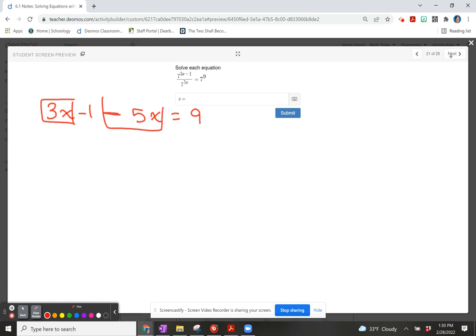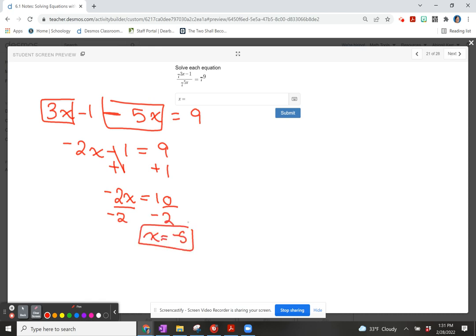We're going to combine like terms. We're going to have negative 2x minus 1 equals 9. Now, once we do that, we're going to add 1 on both sides. We have x equals negative 5.